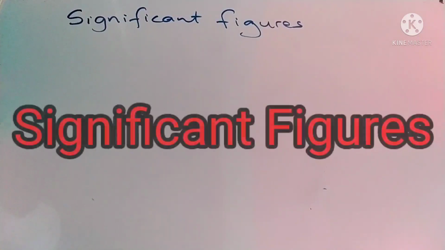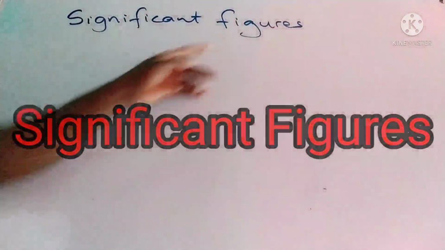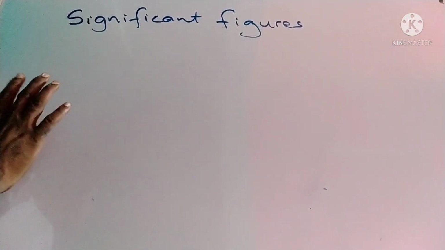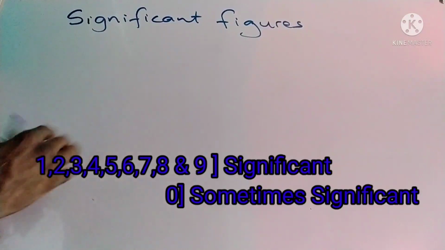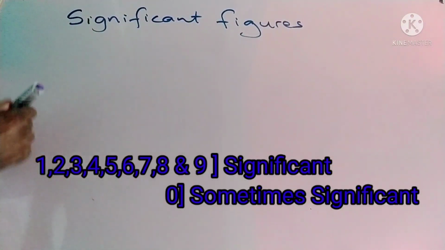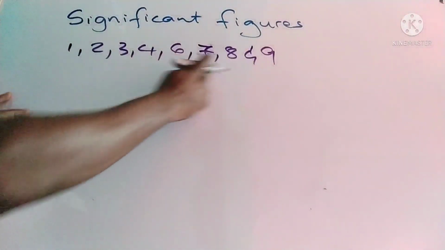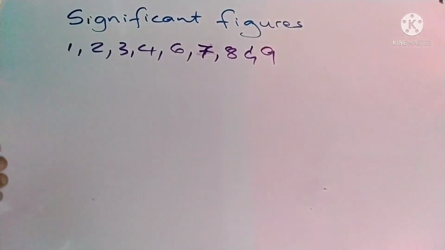In this segment, what we want to look at is significant figures. All right, so first things first, all digits are significant except 0, which may or may not be significant. These digits are significant all the time.